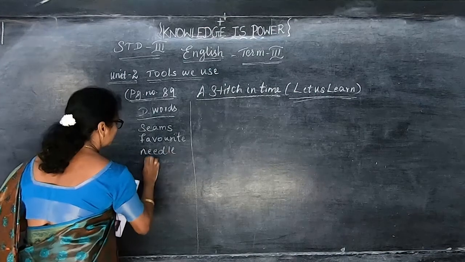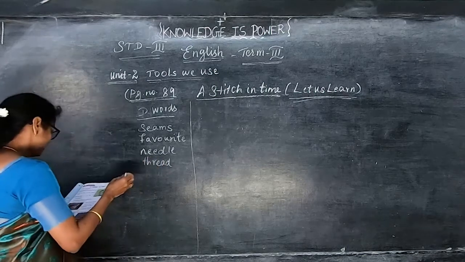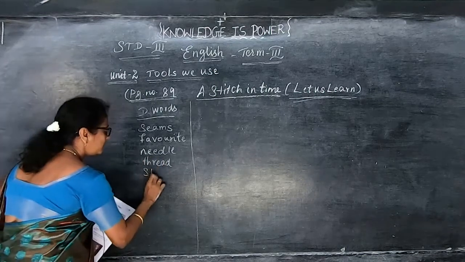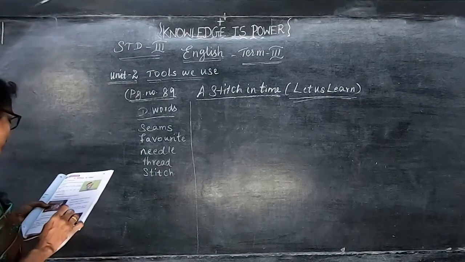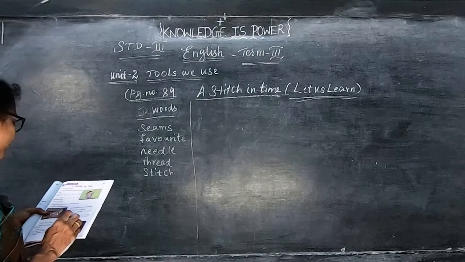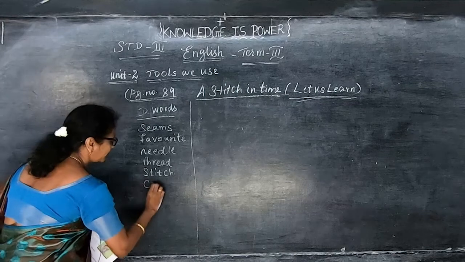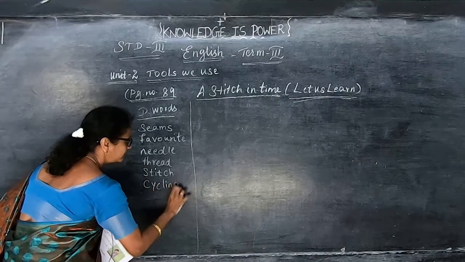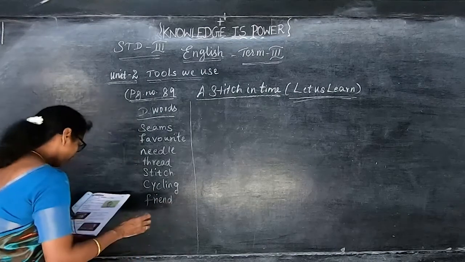Needle, thread, stitch. Stitch means to join a shirt together with the needle and the thread. Then cycling. Then friend. So these are the D words you can learn.